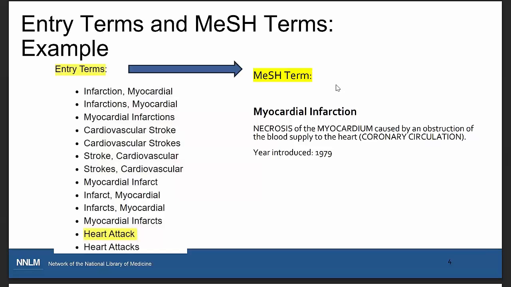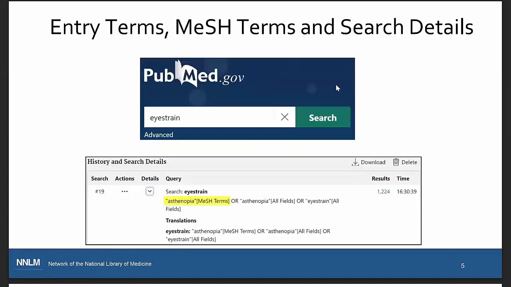These are the terms that MeSH vocabulary associates with myocardial infarction. In PubMed, we can run a search using the term heart attack or any of the other terms on this list, and it automatically maps or connects to the preferred MeSH term for this concept, which is myocardial infarction. It is the preferred or official MeSH term that exists on the Medline citation. So this mapping from entry term to preferred term means that searches with any of these terms retrieve relevant results.